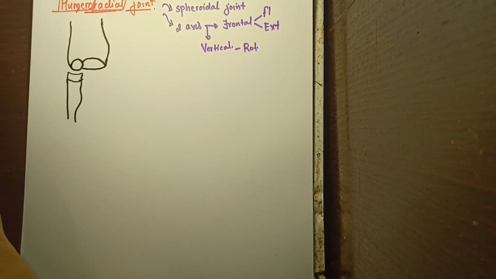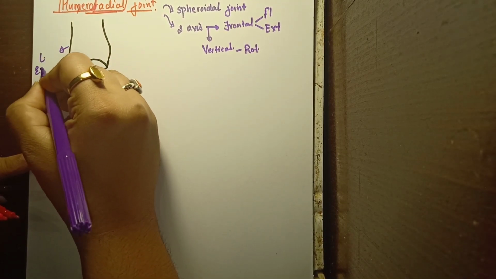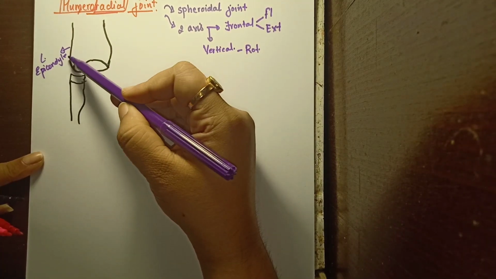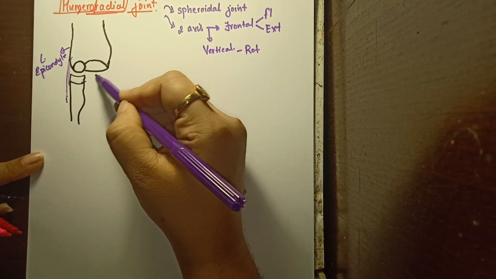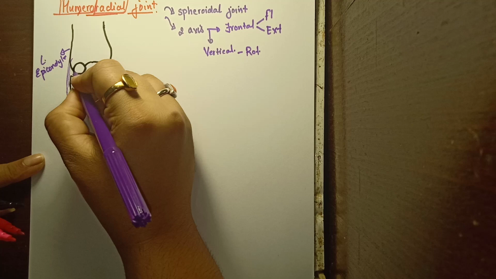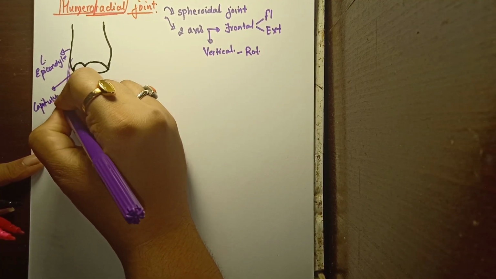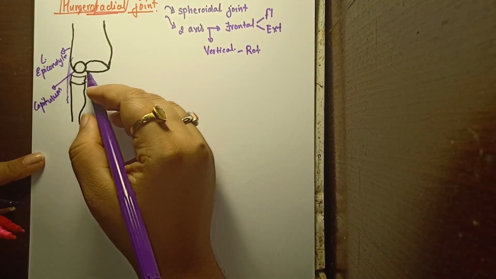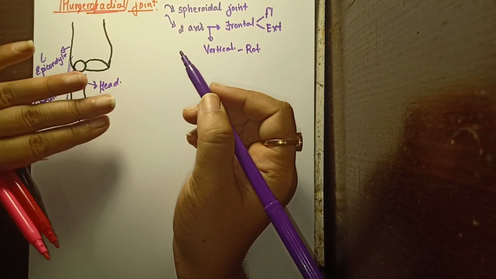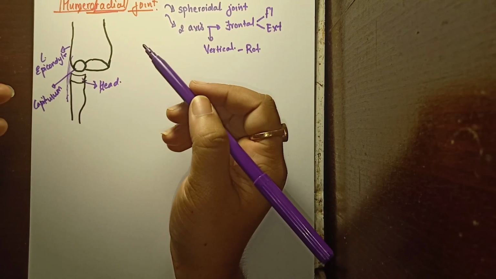Okay, so this is the lateral epicondyle, because you know that the radius will join at the lateral side. Here we have our ulna. Okay, so this is the capitulum, and here we have the head. So this joint is formed between the capitulum of the humerus and the head of the radius.